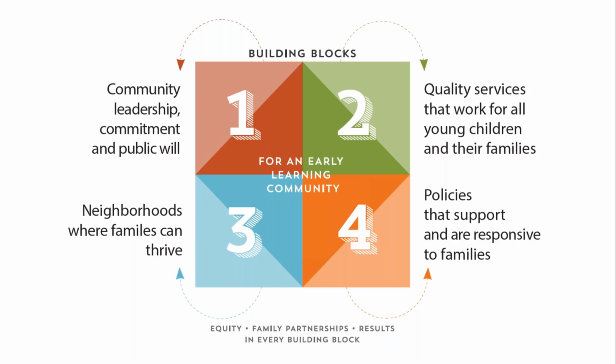So then we also have family partnerships as a theme that runs through all of this. It is called out specifically within building block 2 as a way that the services for young children work, which is that they engage families as partners.